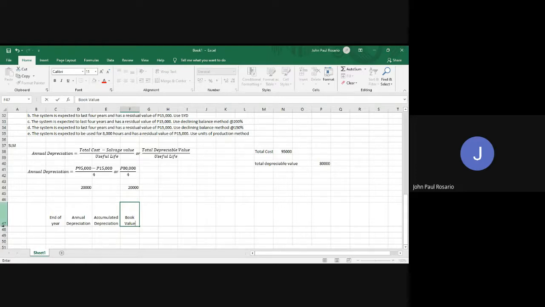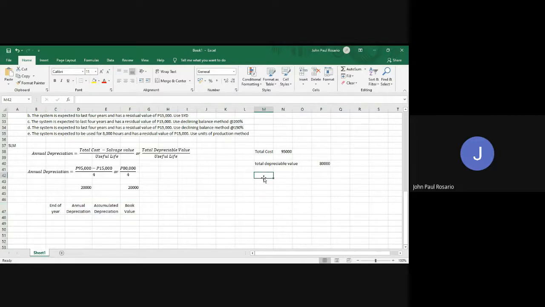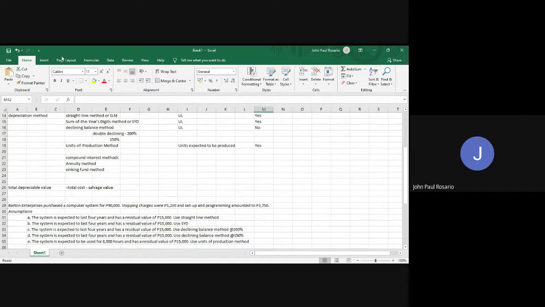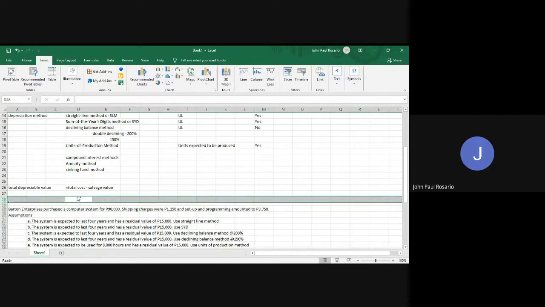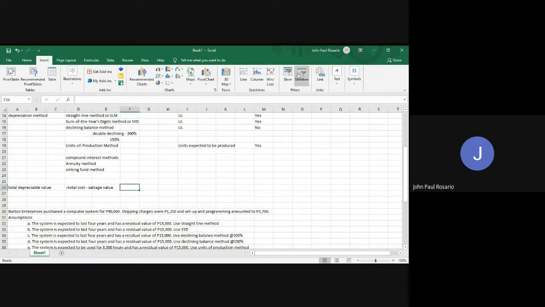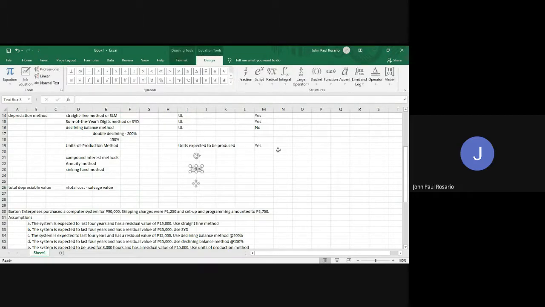For our book value, guys, let me insert our formulas first. Total depreciable value is equal to total cost less salvage value.